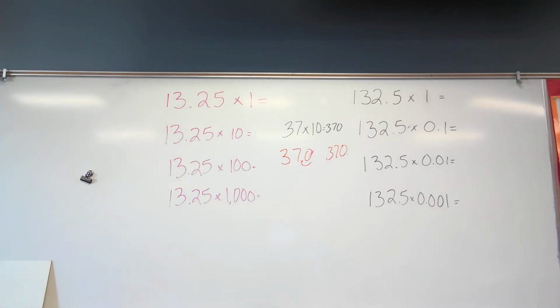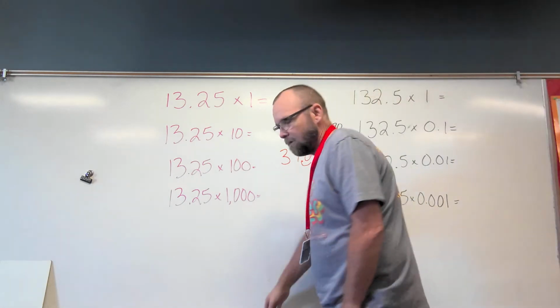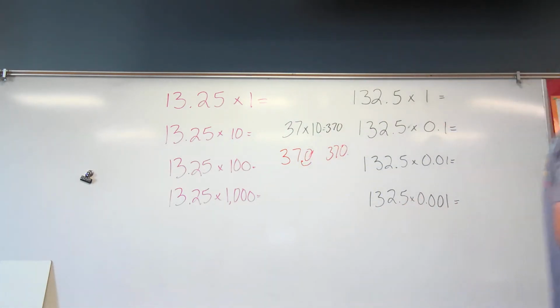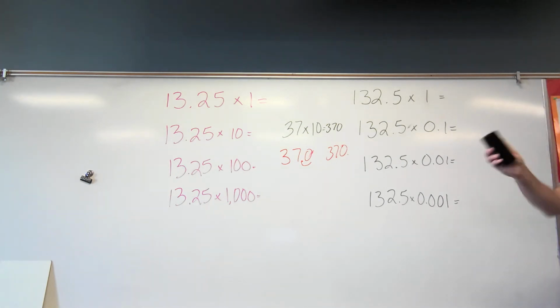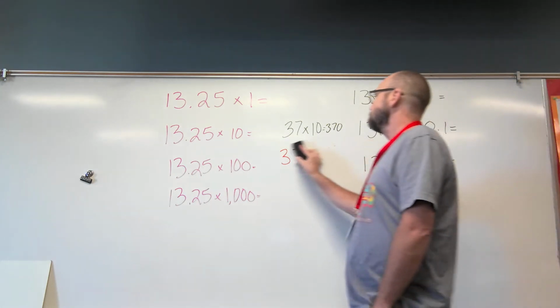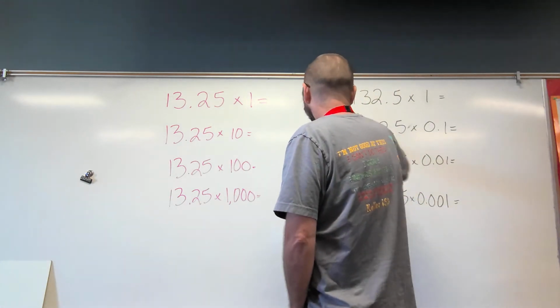You've actually been moving the decimal point to make the number 10 times greater than what it was. Or 100 times greater. Or 1,000 times greater. All you've really been doing is moving the decimal point so you can move the place values of where they're at.